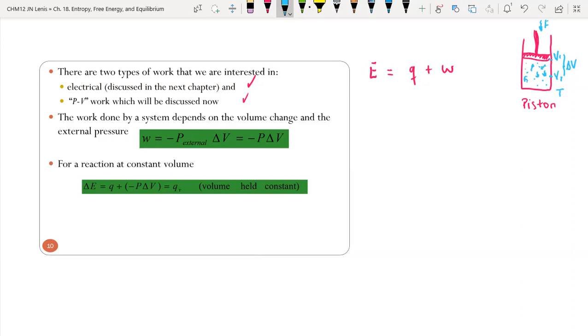In that case, the work is negative for the expansion of the gas.